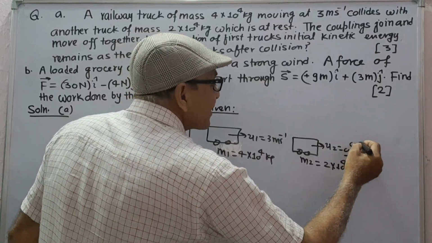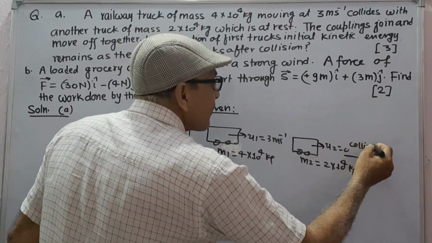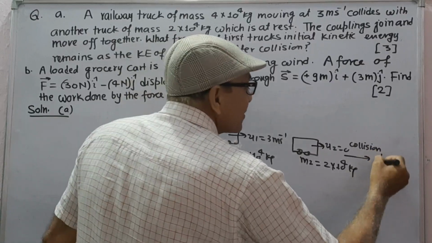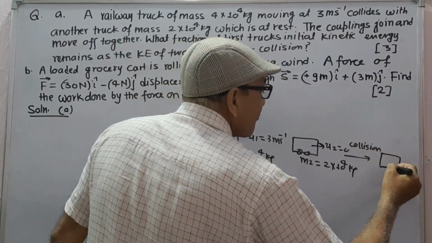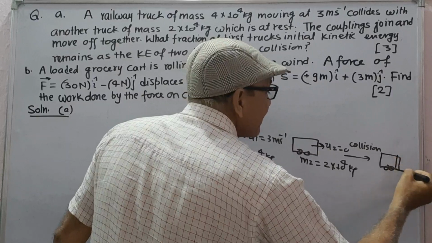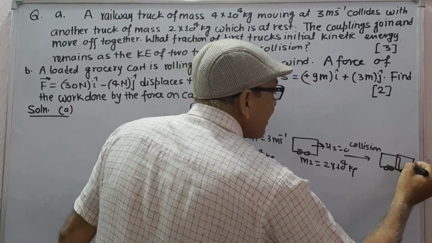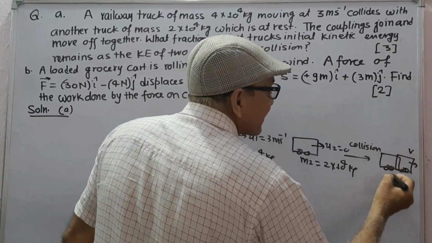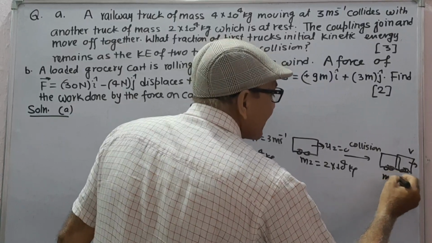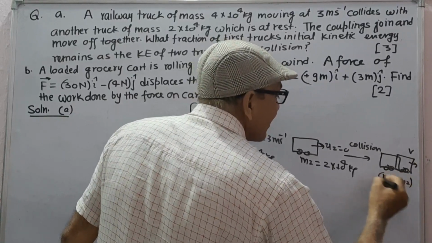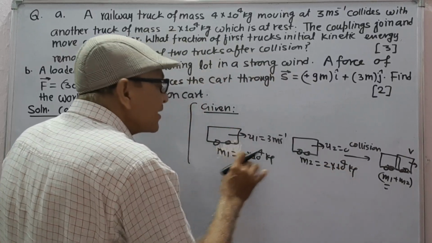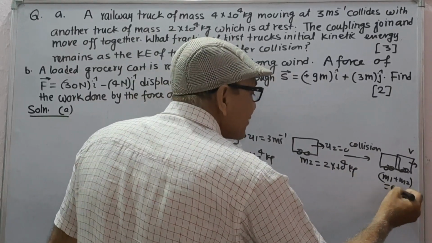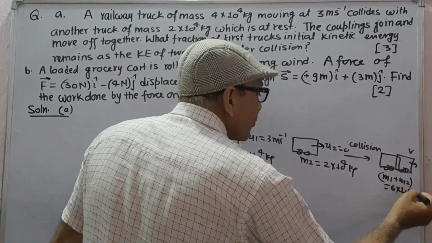When they undergo collision, both move off together with common velocity v. So total mass will be m1 plus m2, this plus this, means 6 × 10^4.